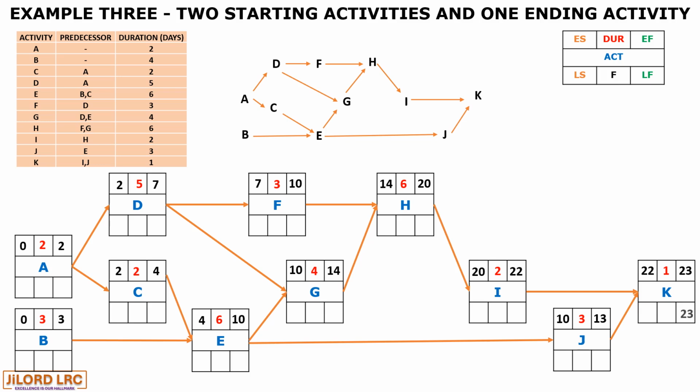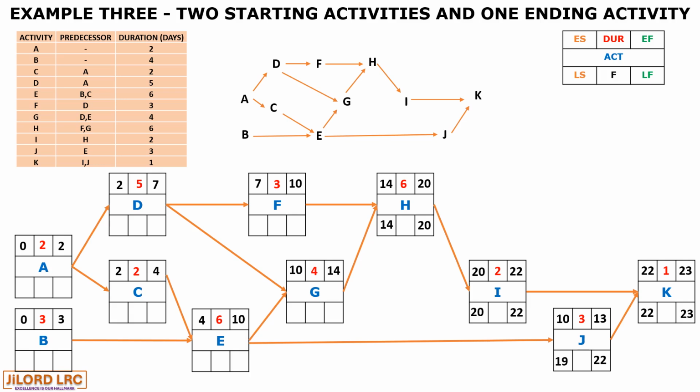Having 10 plus 3 is 13. And for activity K, 22 will go, even though I and J have to finish before K will finish. K will finish after J is completed. So we have 22 plus 1 being 23, completing our forward pass.